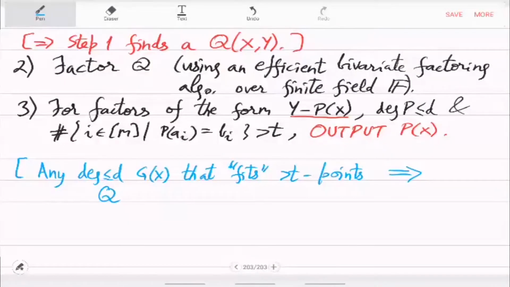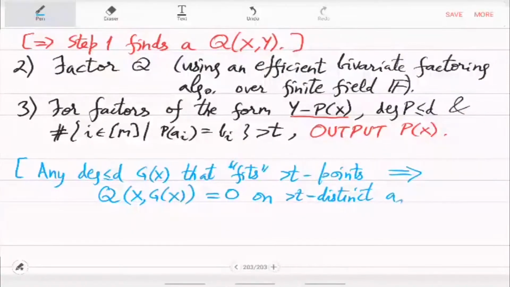When you substitute in Q(x, g(x)), that will be 0 on greater than t distinct a_i's. That is one thing.